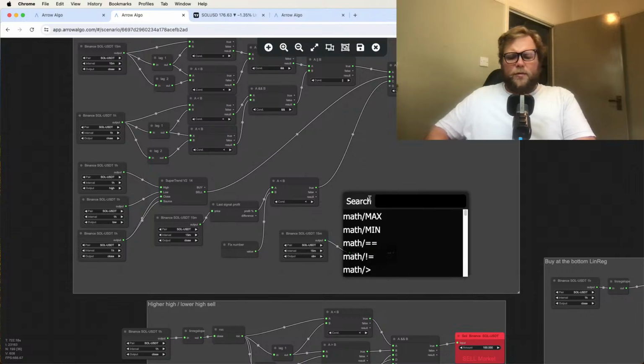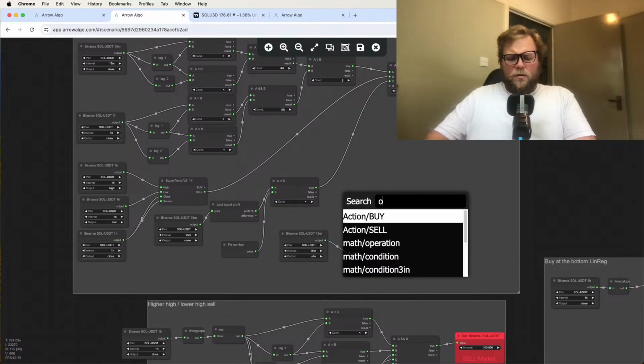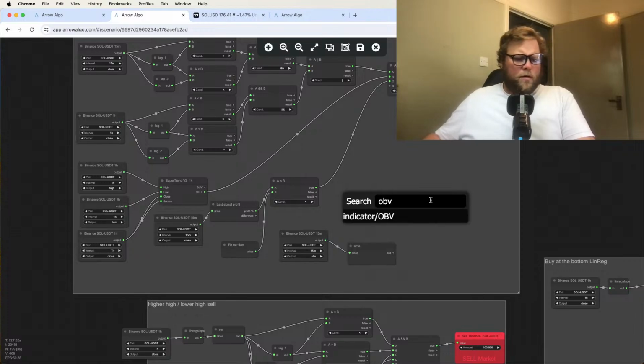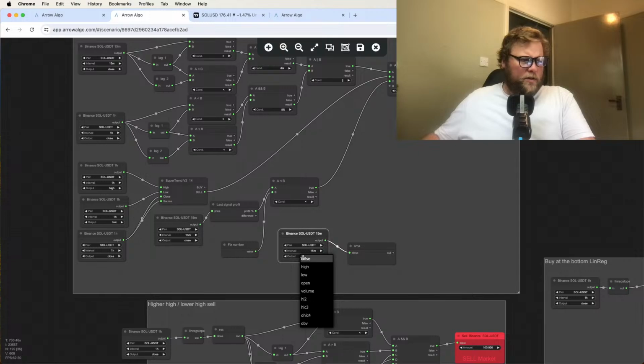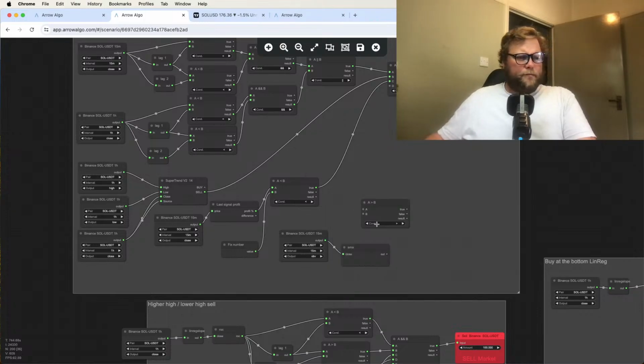Now the on-balance volume does have an indicator block, but it also can be selected directly from the output. So is the on-balance volume less than its moving average?